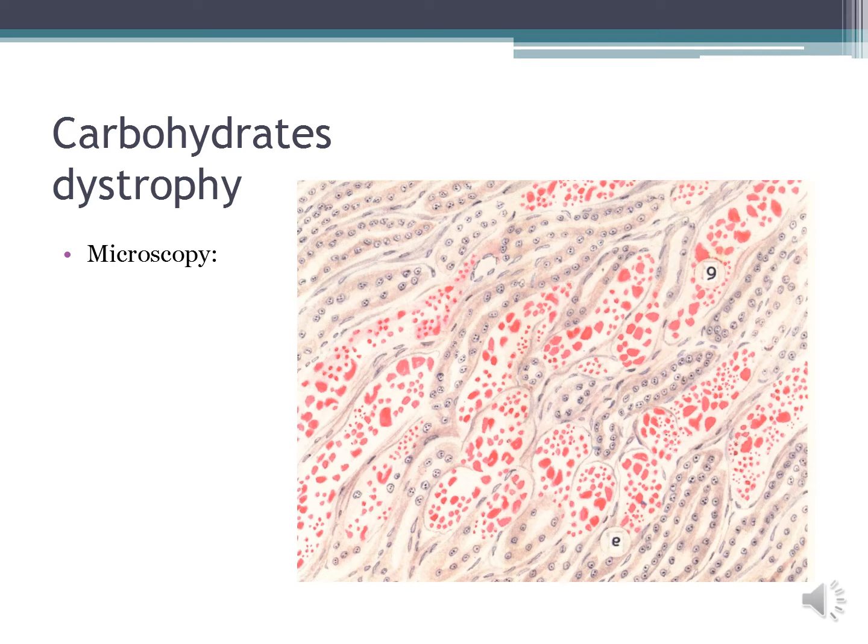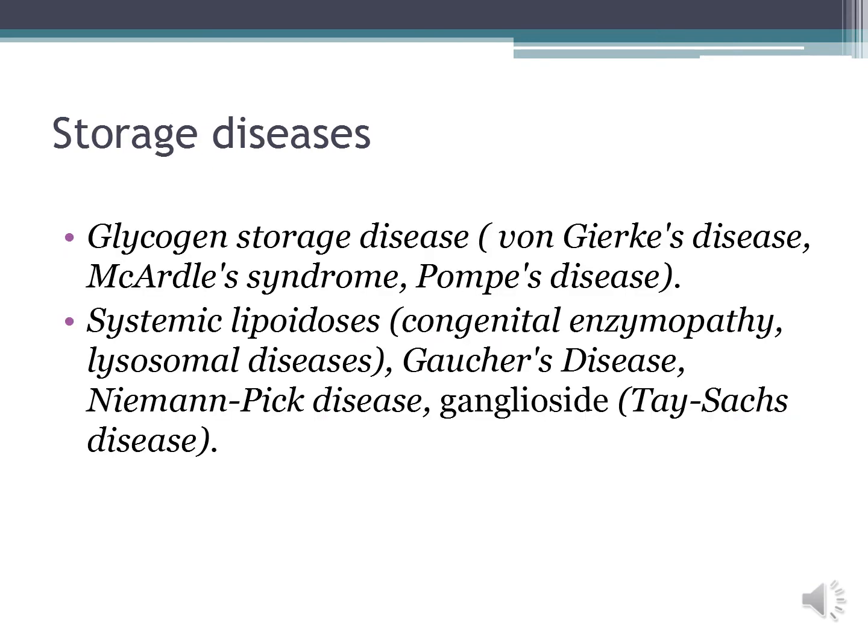They are glycogen accumulations. Please read yourself more details of such pathology. They are not so common pathology, but anyway you must know them because they may be seen in pediatric pathology clinic.